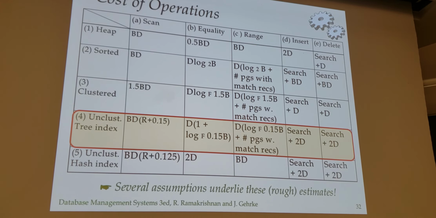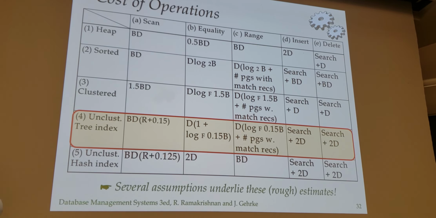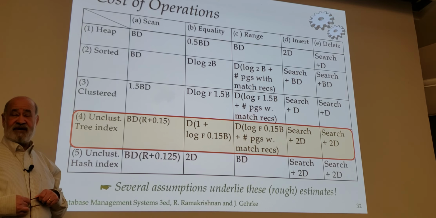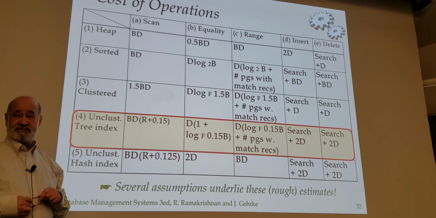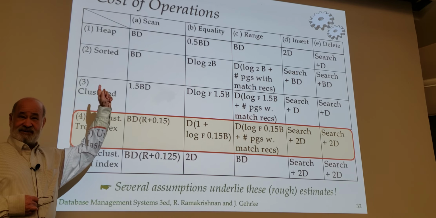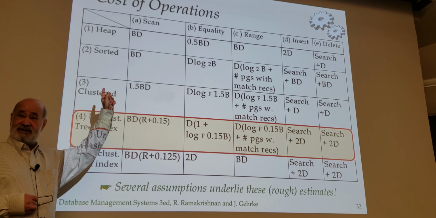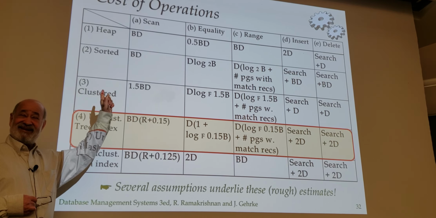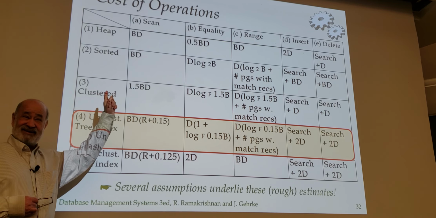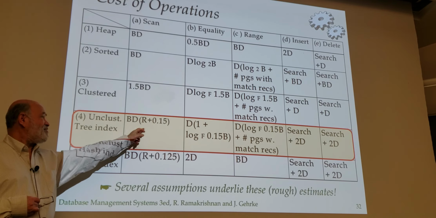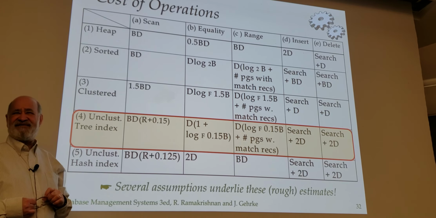If I have to consider using an unclustered index that's on a heap file, I'm going to use row 1, column 1 instead. I've got a heap file. I could just do it in BD by ignoring the index completely. I'm not going to do this. This is BD times R plus a 0.15 factor for good measure.